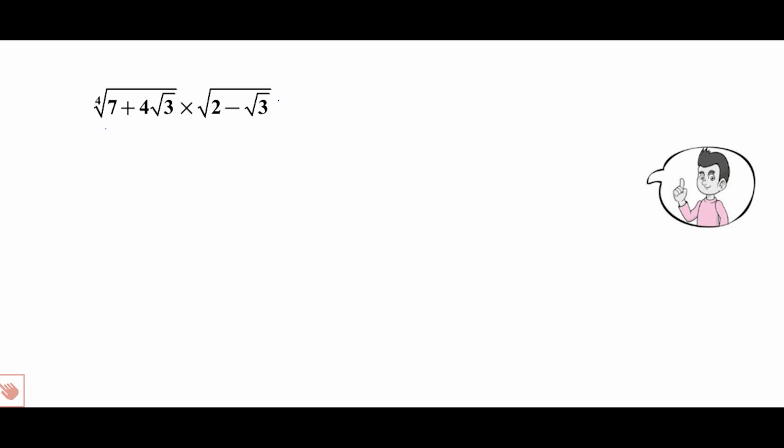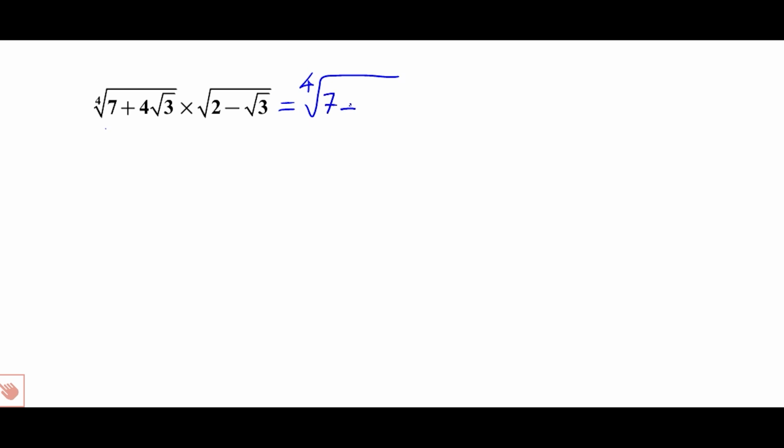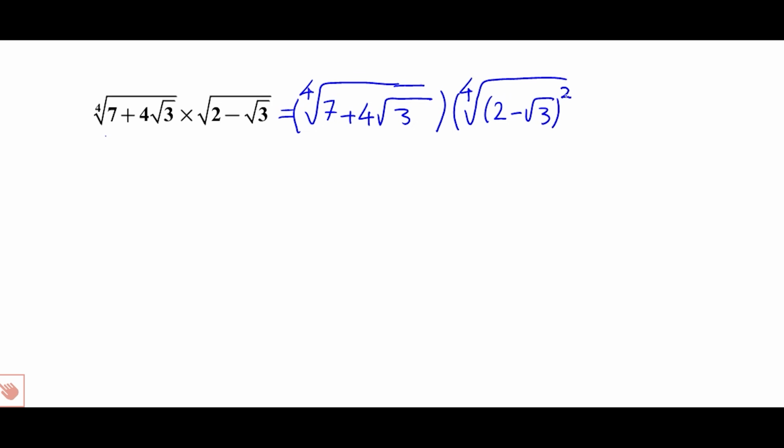So we have the fourth root of 7 plus 4 times the square root of 3, times the fourth root of 2 minus the square root of 3, whole squared.